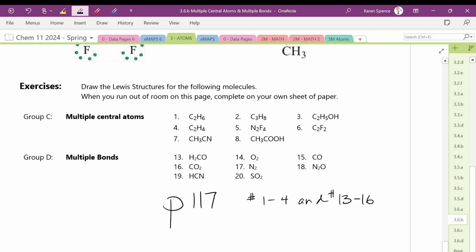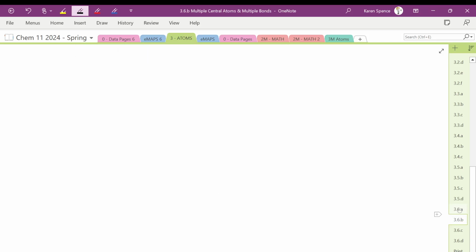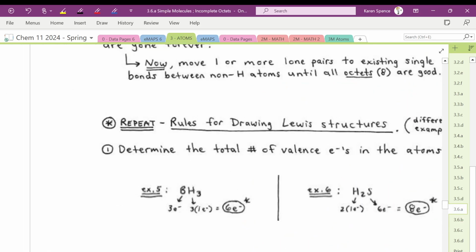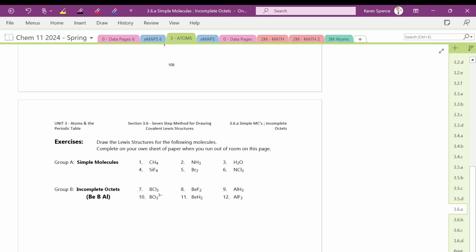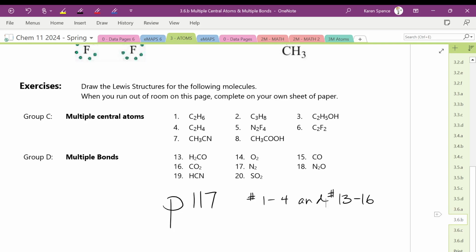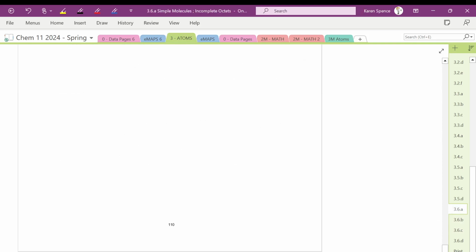And you're also going to do, let me just see, I'll come back to this page in just a second. I just need to find this page number here. Numbers 1, 2, 3, and 7, 8, 9. And that's on page 110.